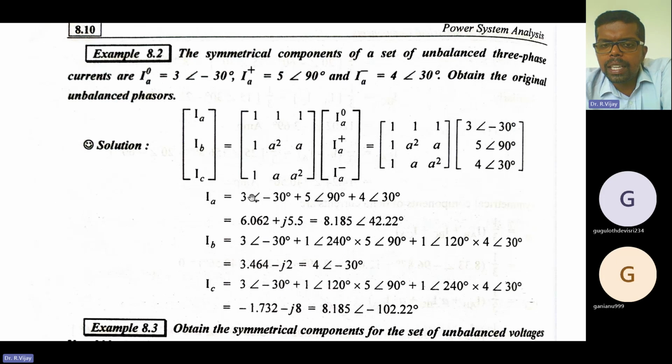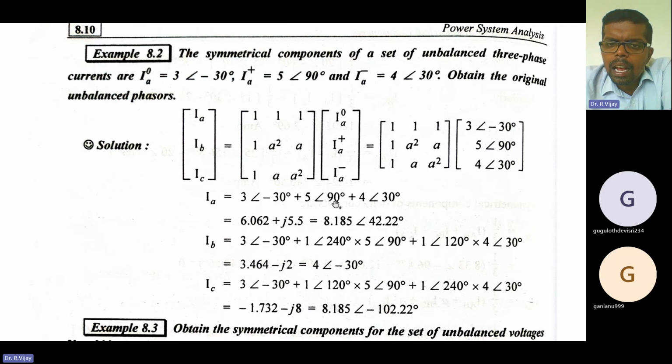Just take your scientific calculator and simplify it. You can change everything into a complex format, add, and take the final answer. Either way you can do it. In the latest scientific calculators, you can directly add with the angle also.